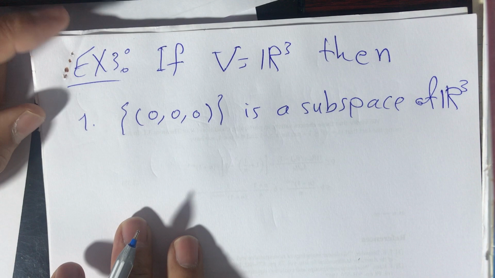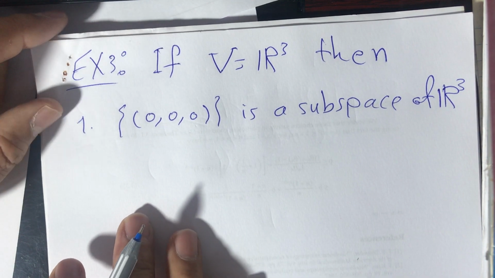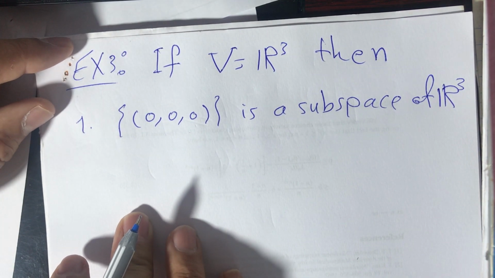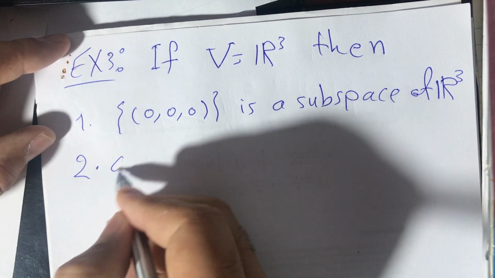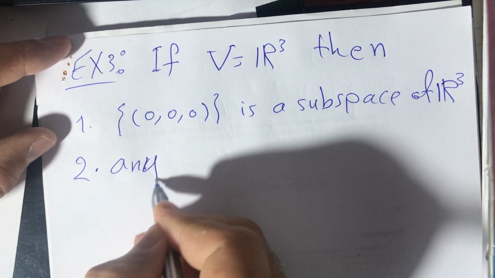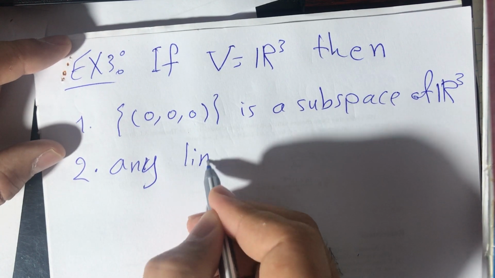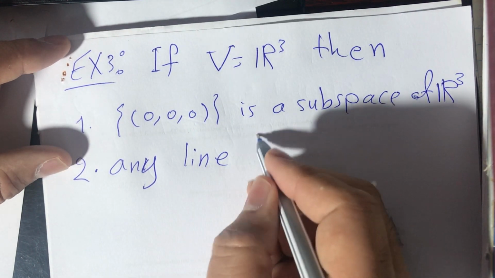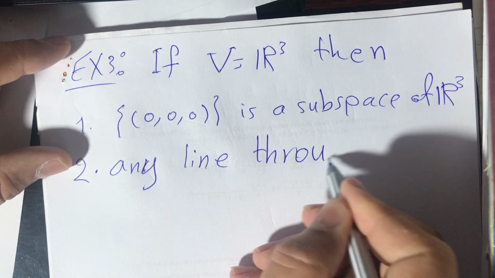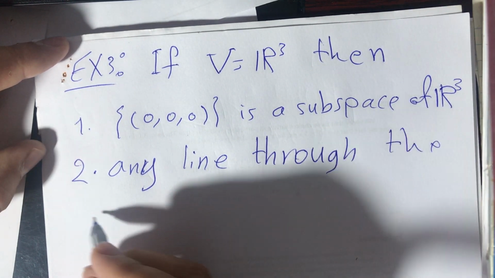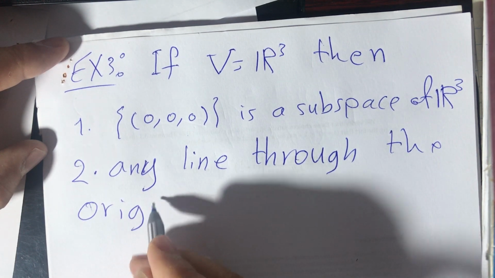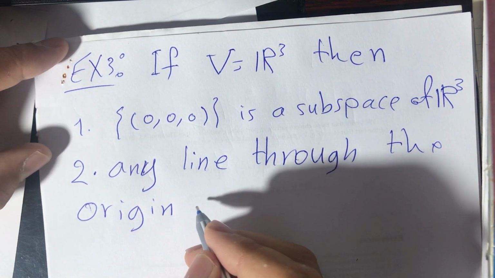The set is a subspace of R3. Number 2, any line through the origin is a subspace.